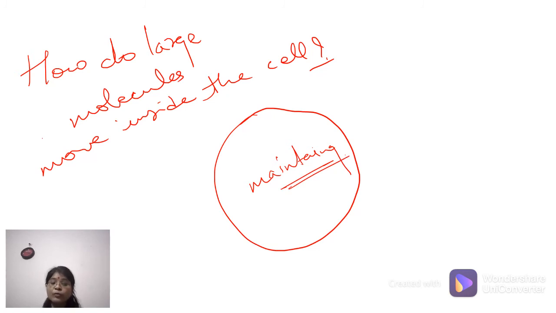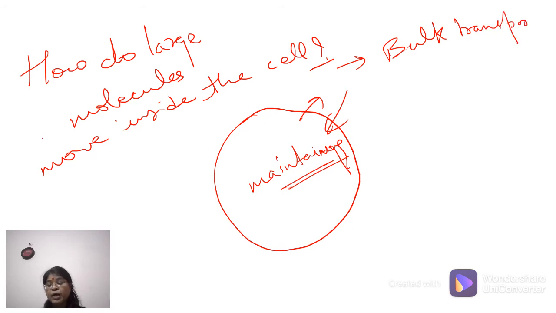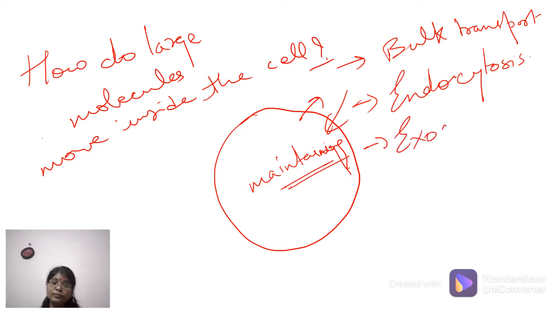Then how will these larger substances move in or out of it? This is a question. Here comes the process of bulk transport. You must have heard about the process which is called vesicle movement. It happens by endocytosis or exocytosis.